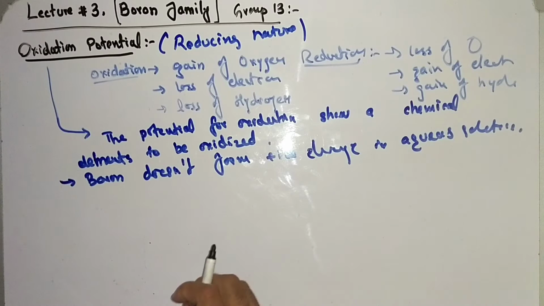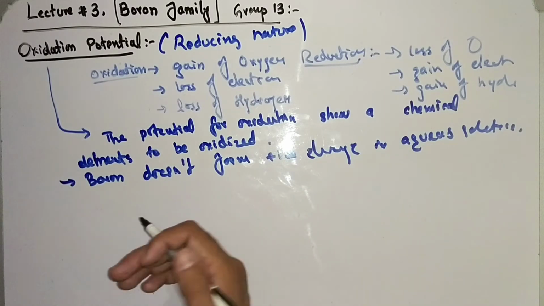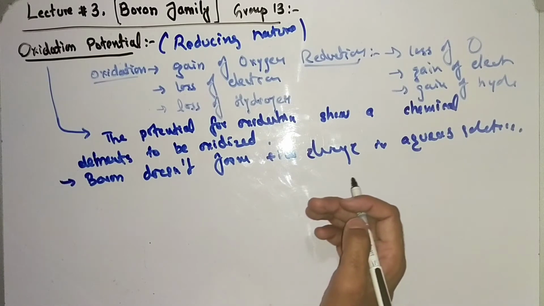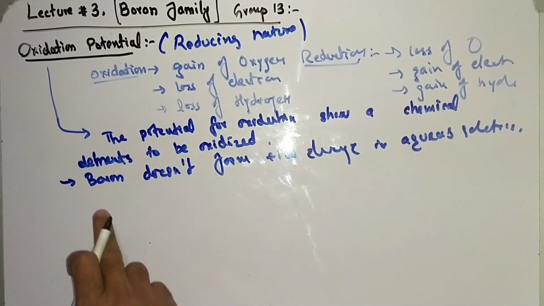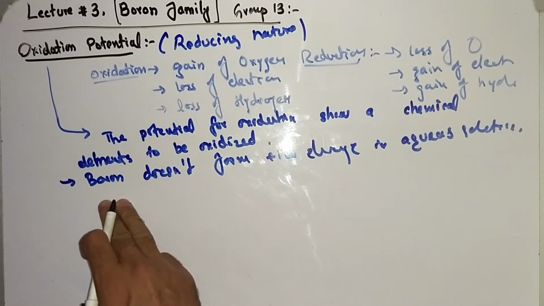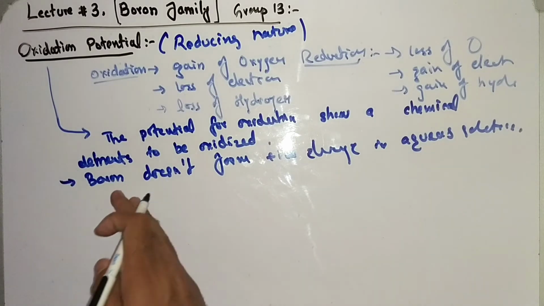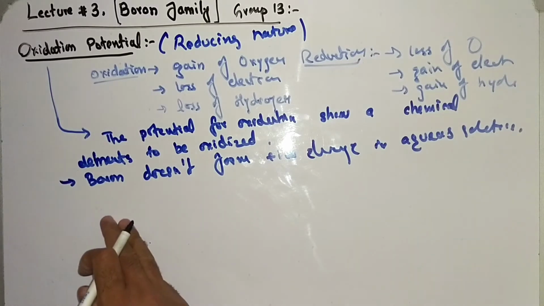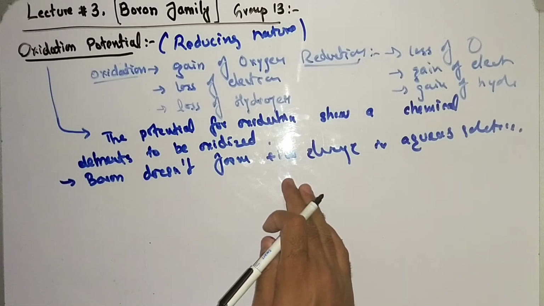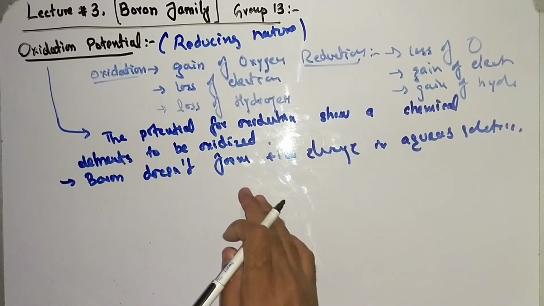This low value of oxidation potential means boron doesn't form positive charge in aqueous solution, because boron belongs to the metalloids, and it is nearer to the non-metals, so that's why it doesn't get positive charge. It is very difficult for boron to get positive charge.